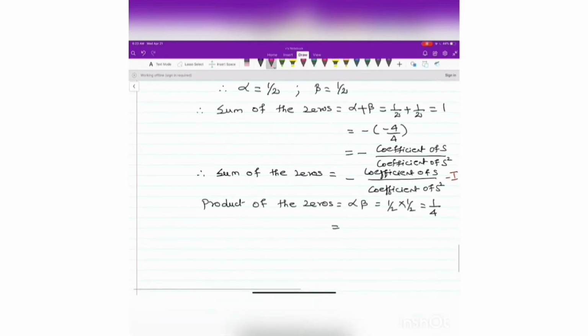So I can write this as constant term by coefficient of s square.